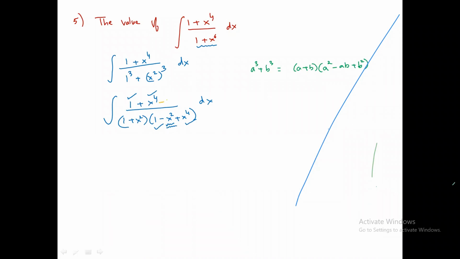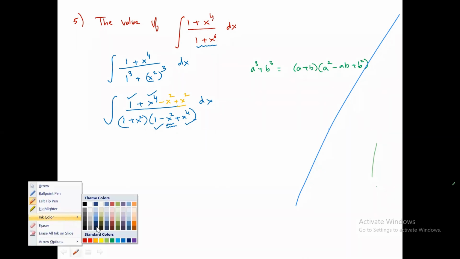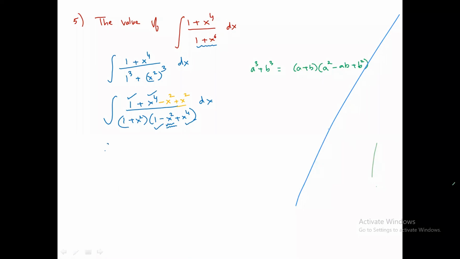So what I have to do, I must get this minus x square. So in the numerator, I will take minus x square and plus x square. I will take both because I can't take only minus x square. To balance, I have to take plus x square also. So that now I have some idea.